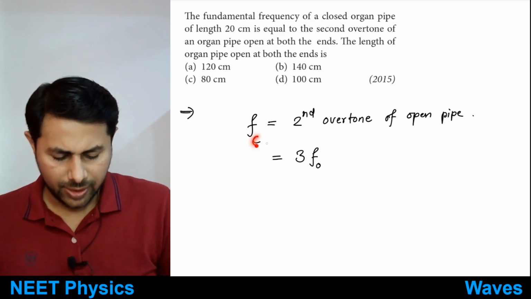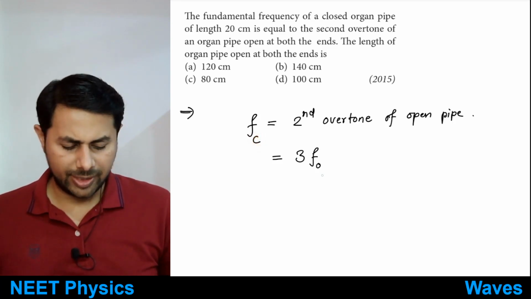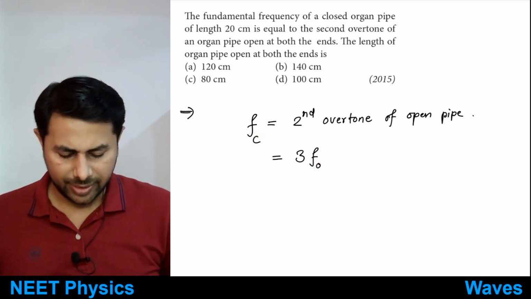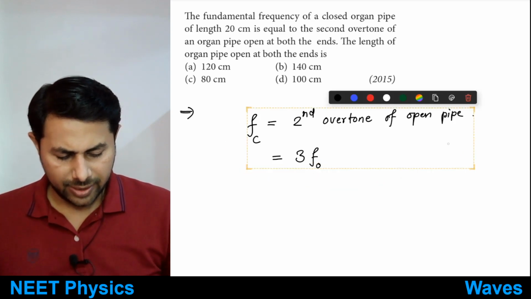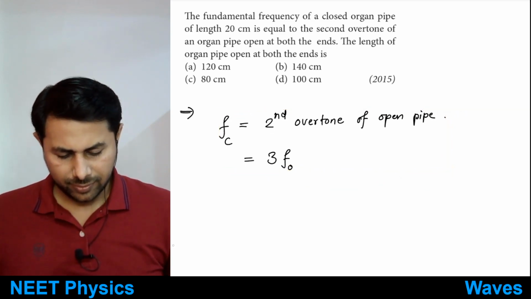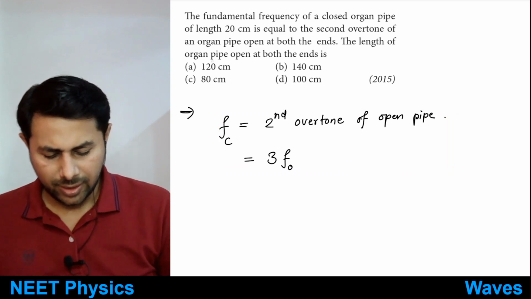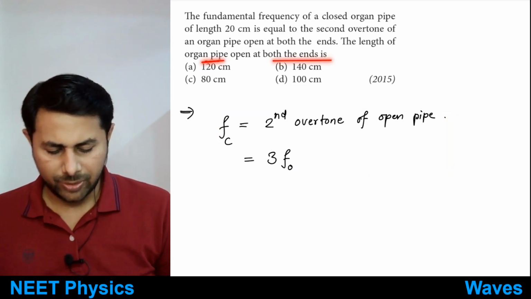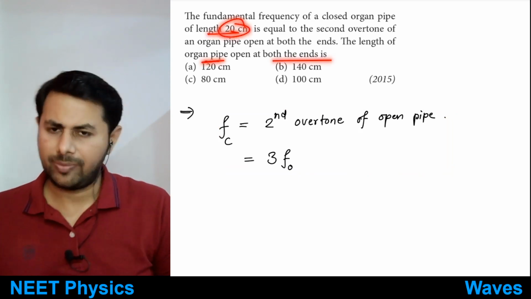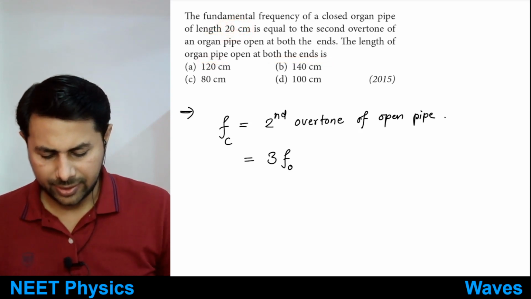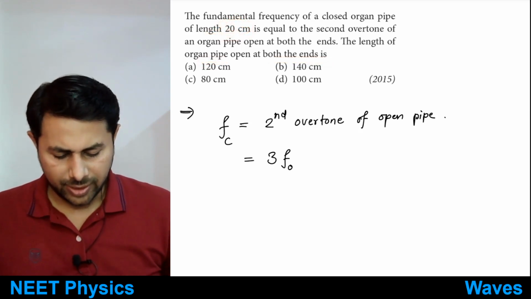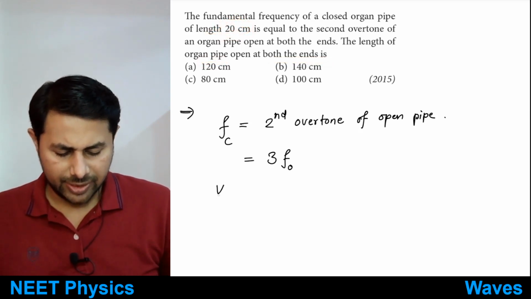So we'll use suffix C for the closed pipe, suffix O for the open pipe. The length of this closed pipe we know is 20 centimeters, that's given.